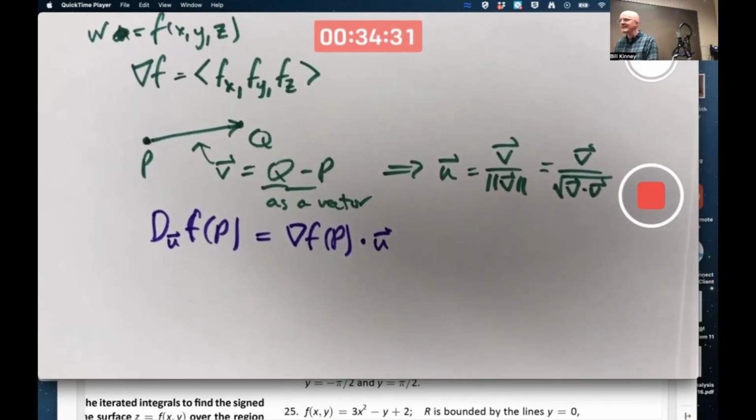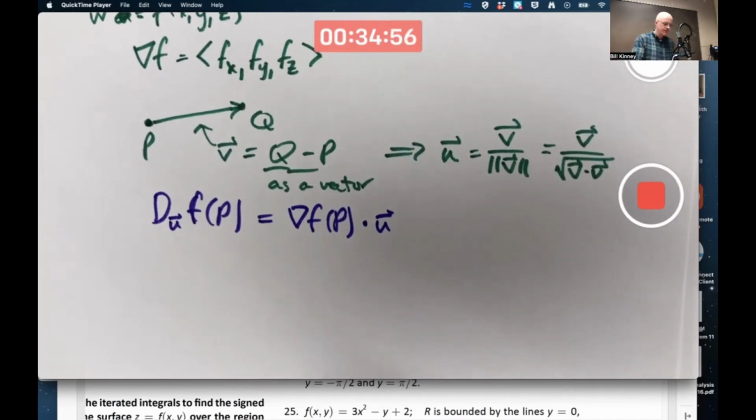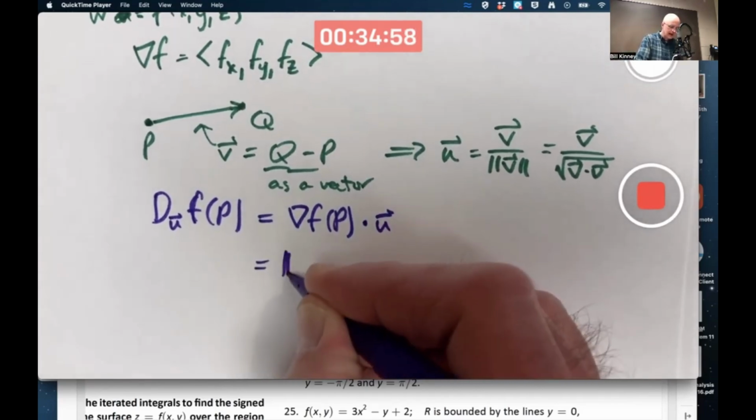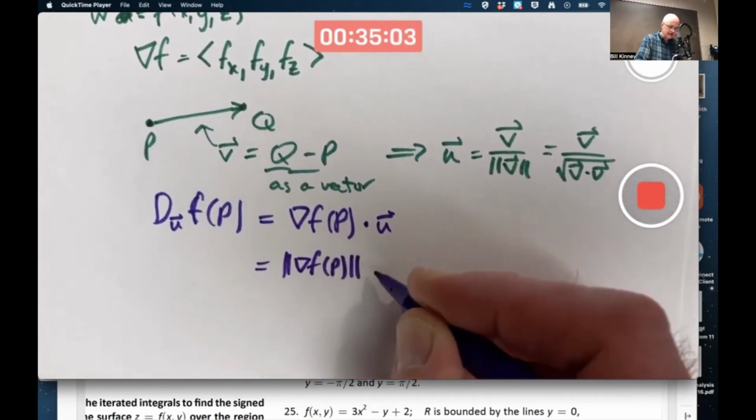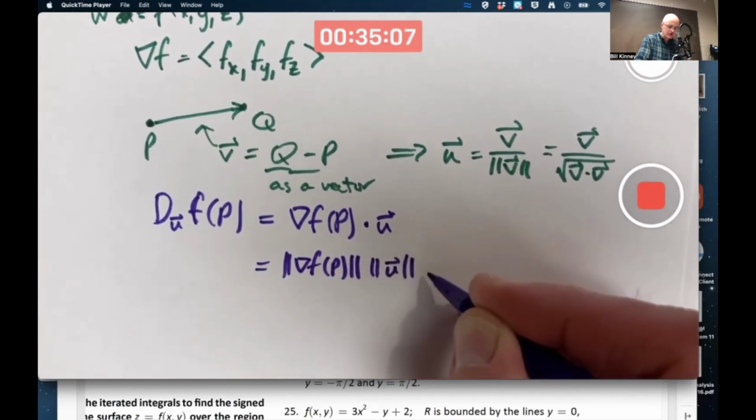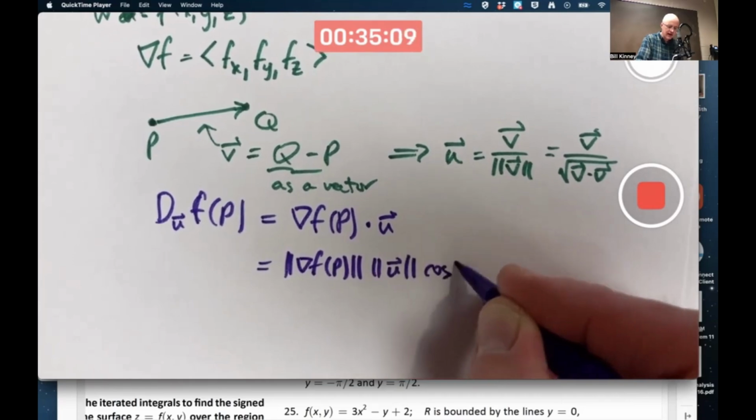Technically, if you want to get back to foundations, directional derivatives are defined using limits of difference quotients, just like partial derivatives are. And even in those difference quotients, you need a unit vector. But now what's new is, okay, by the geometric interpretation of dot products, this is the magnitude of the gradient vector times the magnitude of u times the cosine of the angle.